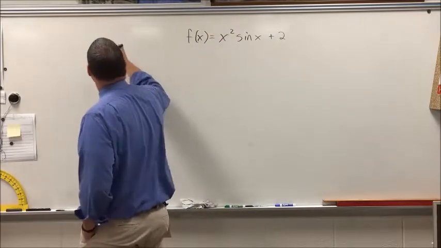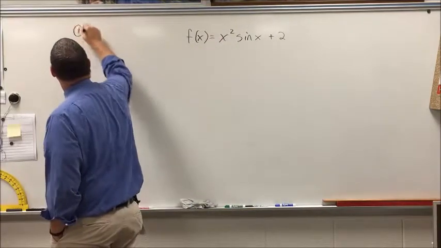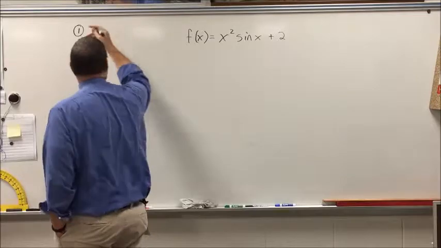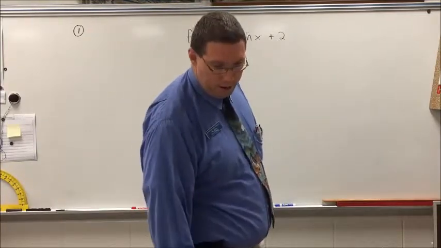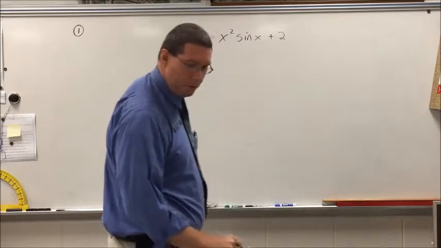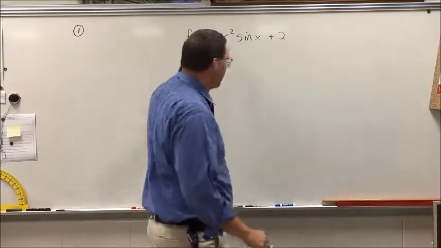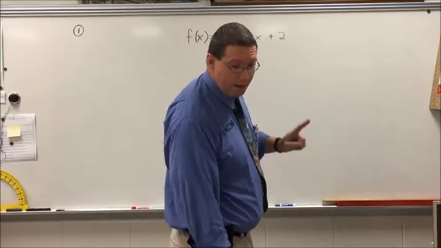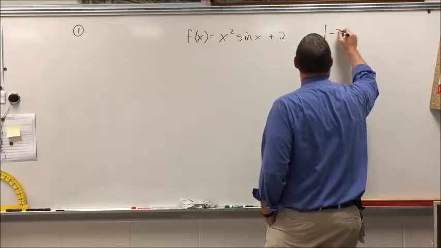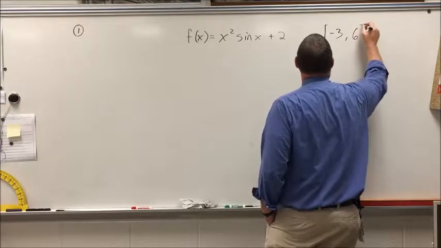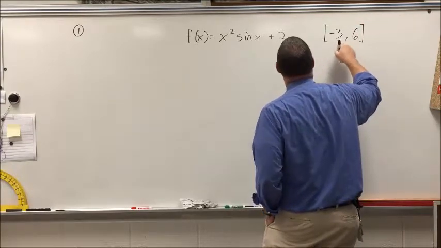The very first step, I'm sorry, I forgot that this is on an interval. We're identifying the absolute maximum and the absolute minimum of this function, f of x, on the interval from -3 to 6. So the closed interval, -3 up to 6. So these are x values, okay?